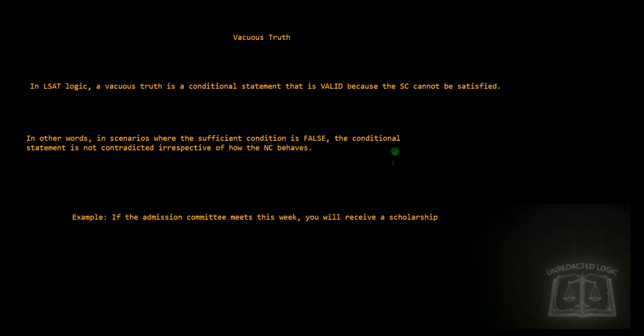If the admission committee meets this week, then you will receive a scholarship. What happens if they don't meet? So A evaluates to false. Using this concept of vacuous truth, this conditional would be considered valid under this scenario, irrespective of whether or not you receive a scholarship. It's not relevant.